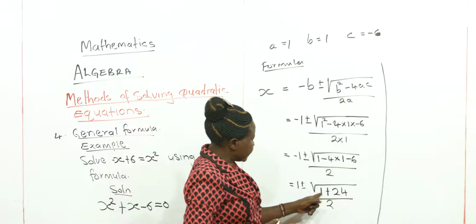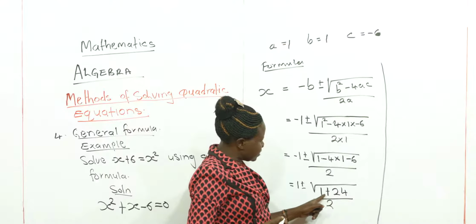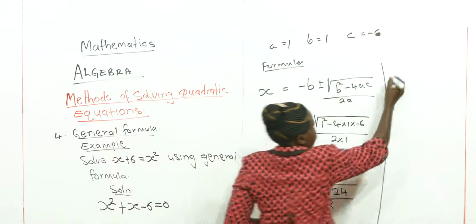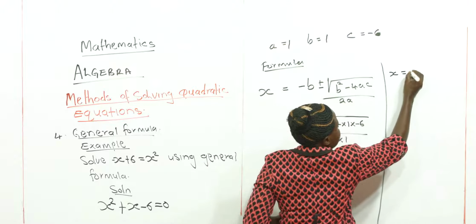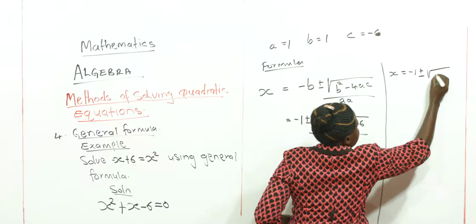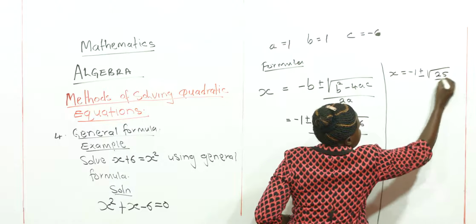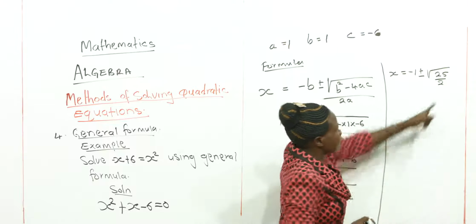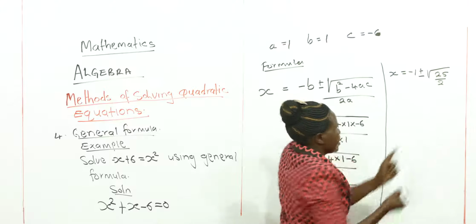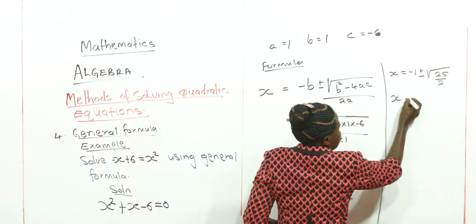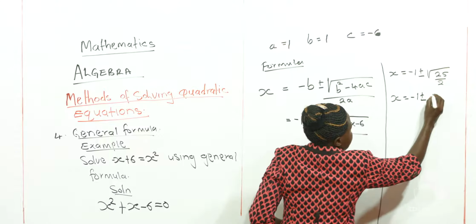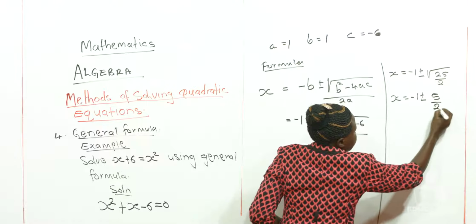So we find that under the root we have 1 plus 24, which will give us 25. So we shall have x equals to negative 1 plus or minus a root of 25 out of 2. So the root of 25 is the same as 5. And then now we shall have x equals to negative 1 plus or minus 5 out of 2.